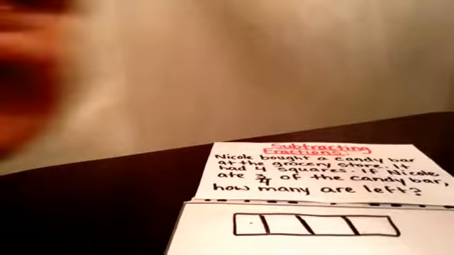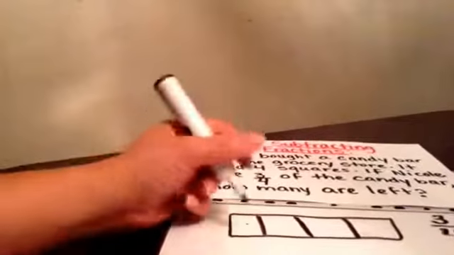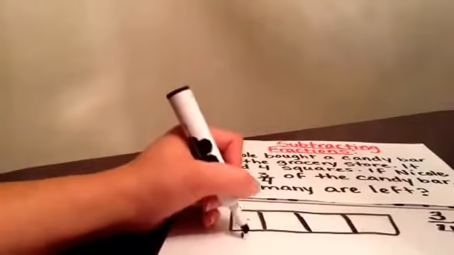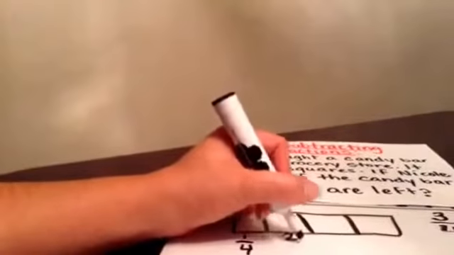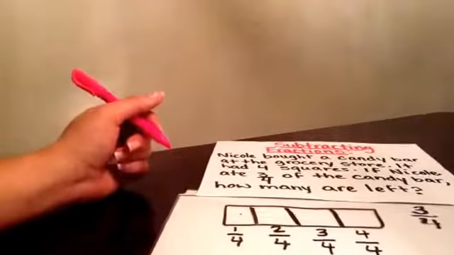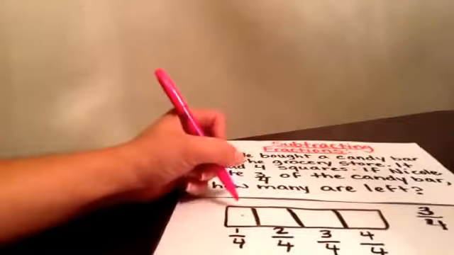But she ate 3/4. Right? So now we're going to label this as a fraction. So 1/4. This is 1 square of the 4. This one's 2/4, 3/4, and 4/4. Okay? So I'm going to shade the 3 out of 4 that she ate.